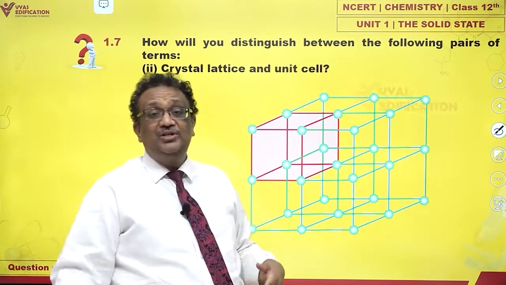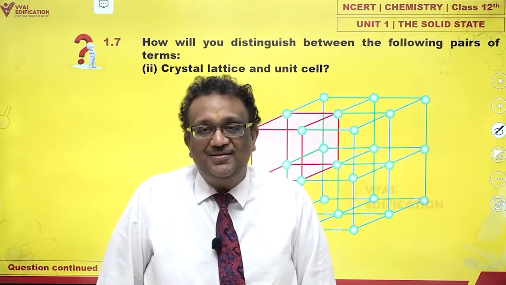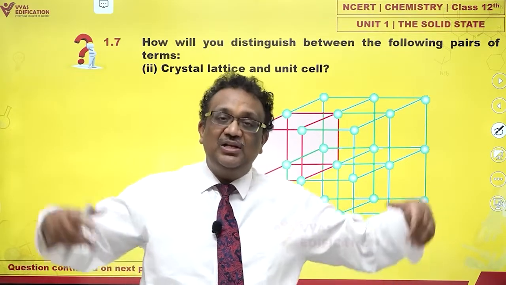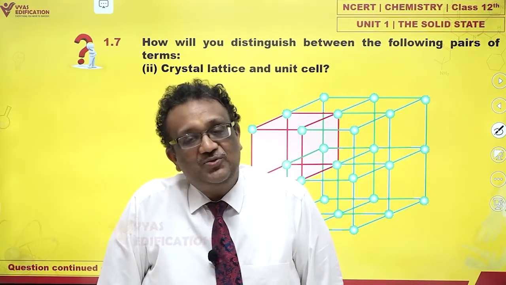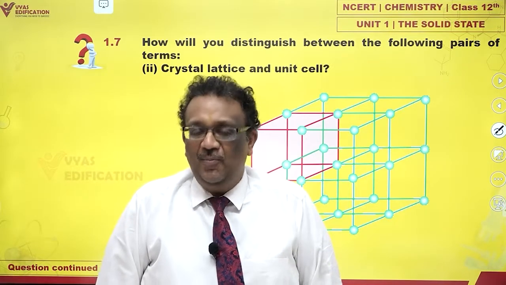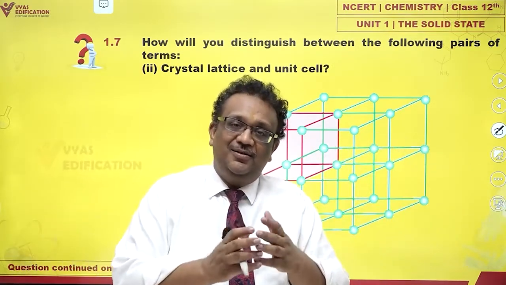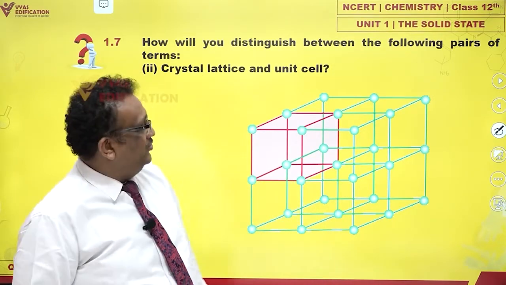If you repeat unit cell, you get actually a crystal lattice, right? So crystal lattice is the superset and unit cell is the most small or the most elementary subset. One is whole and one is a part. That is a very clear cut and a very classic distinction between each of them.